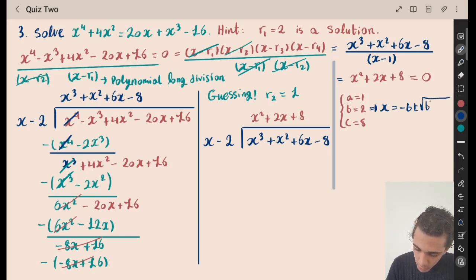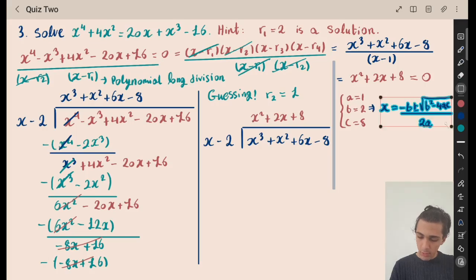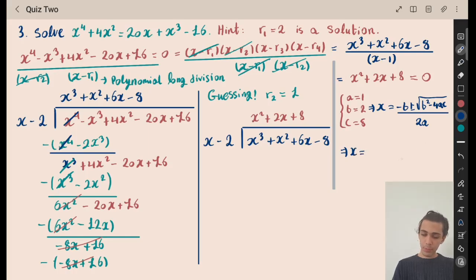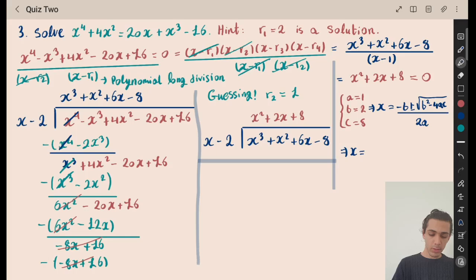It's safe to say I don't really have much space. But that's fine. So this is the quadratic formula. If I plug in, I'll actually get that x is equal to... Well, why don't I just use this space?